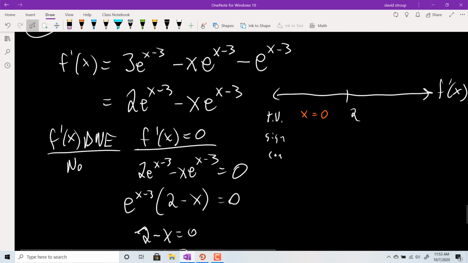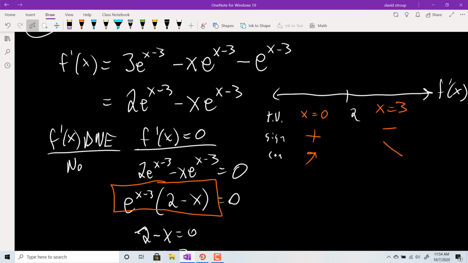Okay, I'm going to work with this version of the derivative because the exponential will always be positive, whatever I put in for x, and so I have to worry about 2 minus x for the sign. So 2 minus 0 is positive, so it's going up. Try 3. 2 minus 3 is negative, so it'll be going down.